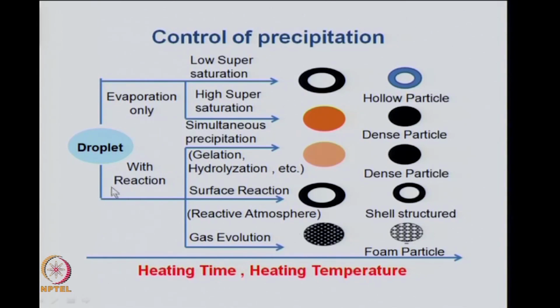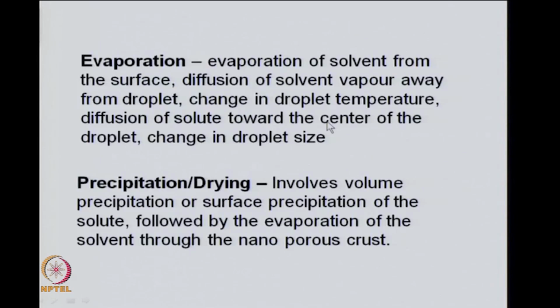So, you start from a droplet, you have evaporation process in a precursor which has low supersaturation, then you get this hollow particle towards the end. If you have high supersaturation, then you get a solid particle, as we discussed here.